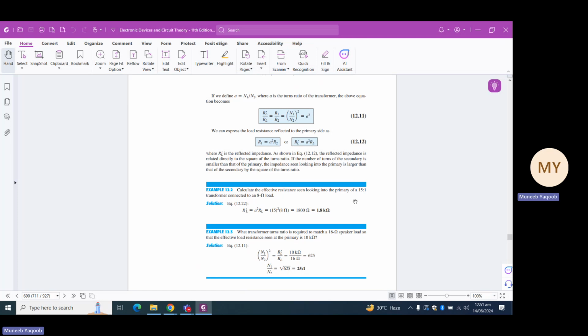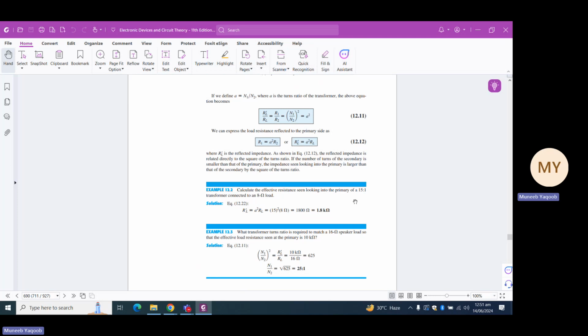Now, similarly, in example 12.3, they are saying what transformer turn ratio is required to match a 16 ohm speaker load so that the effective load resistance seen at primary is 10 kilo ohm. So here the primary resistance is 10 kilo ohm and the load or the secondary resistance is 16 ohm.